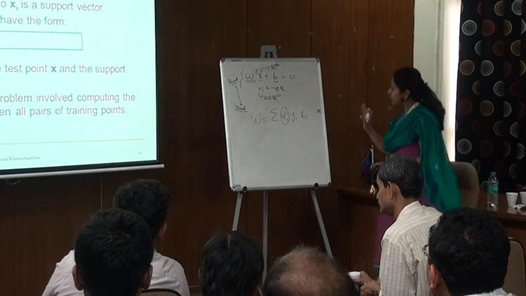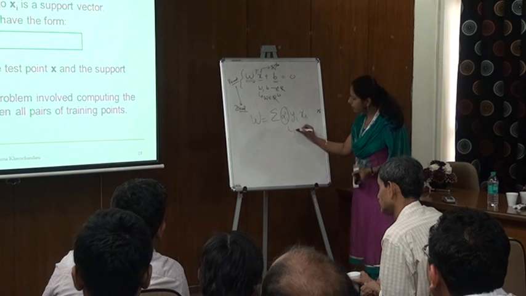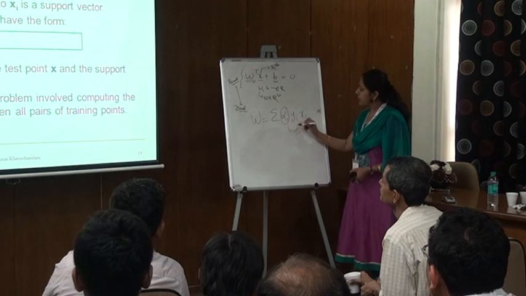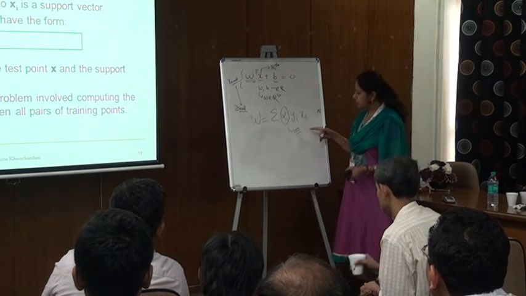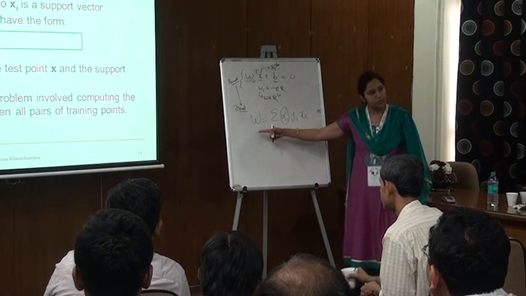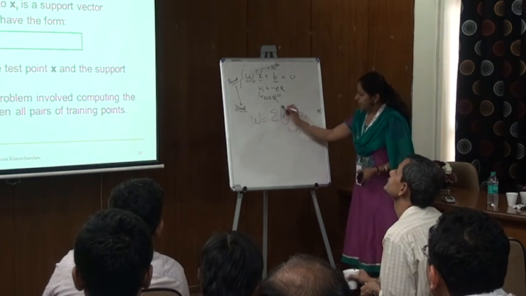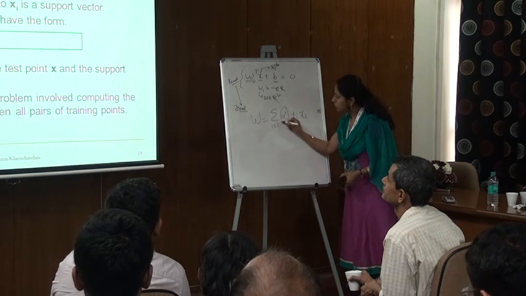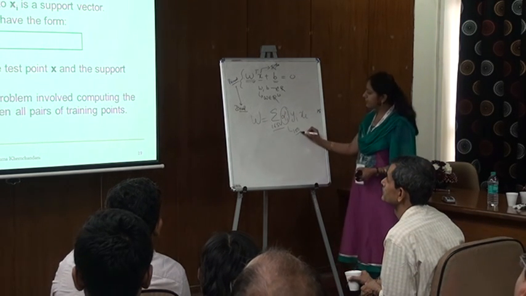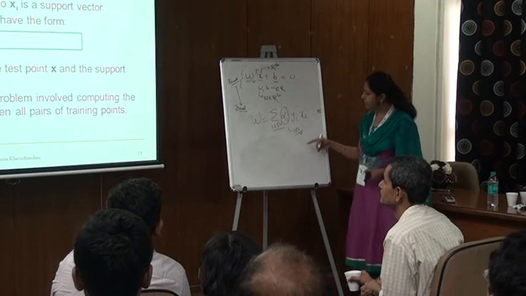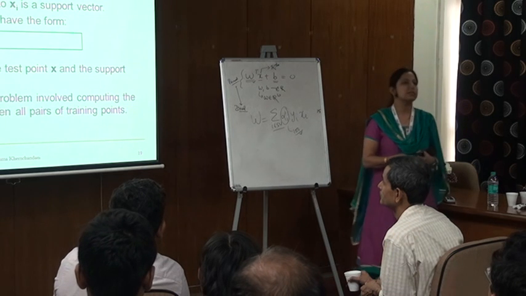Let's say out of 1 million, just 100 are non-zero. Then only those 100 alpha i's will contribute to your solution. The summation runs over all those points for which alpha i is non-zero, and we call those points support vectors.